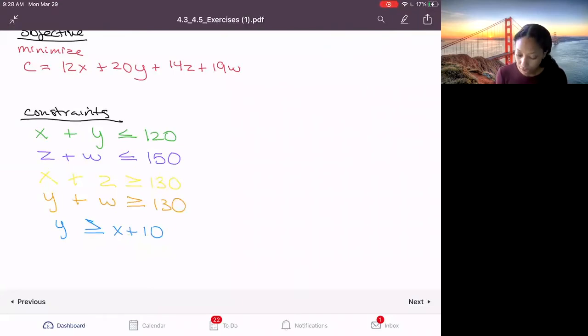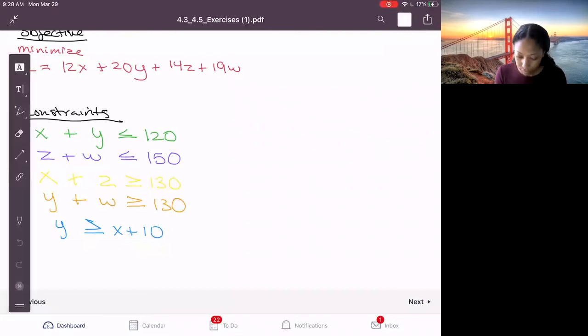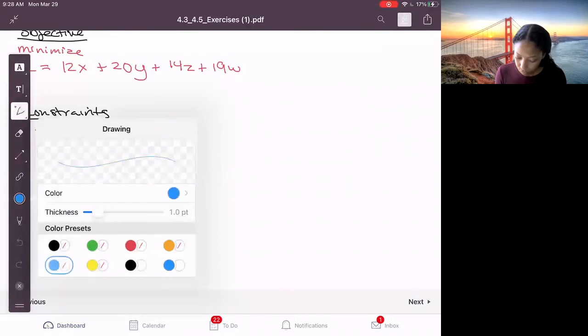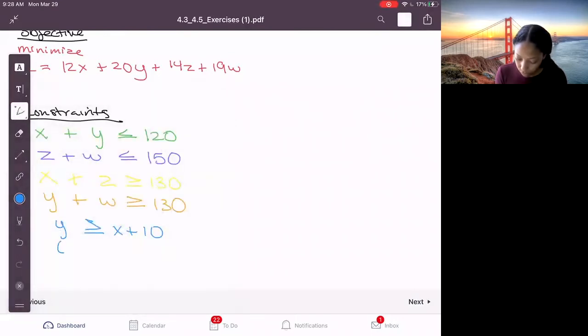If you wanted to write this last one that way, you could also write this as y minus x is greater than or equal to 10. So you can write it either one of these ways.